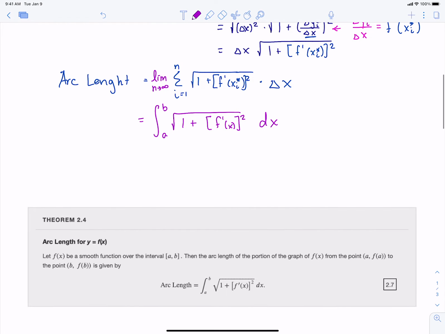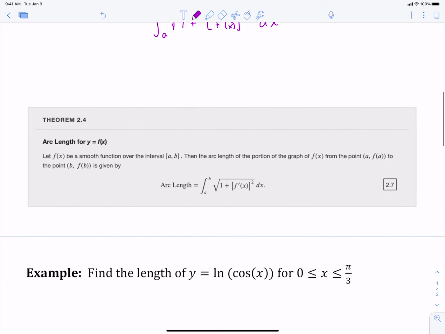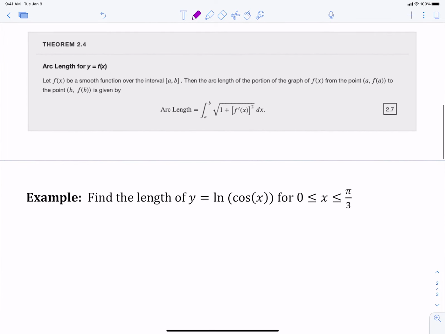So I did also grab the theorem out of the textbook. We've got y is a function of x, and here's our arc length. So when we're using this, for example, if we want to find the length of the natural log of cosine of x from 0 to pi over 3, we just need to find this integral.